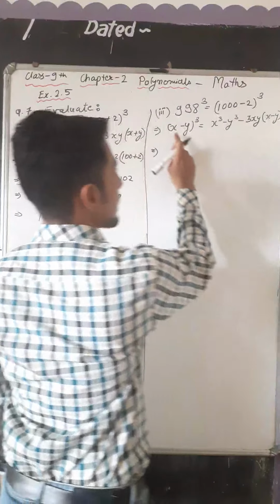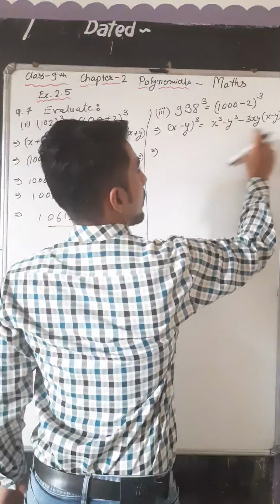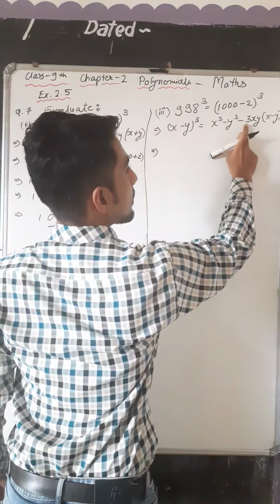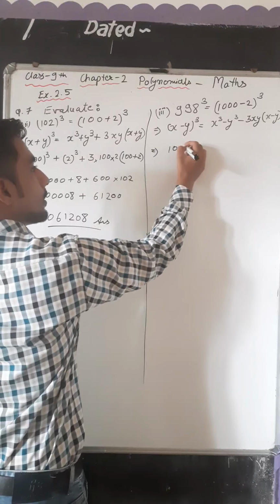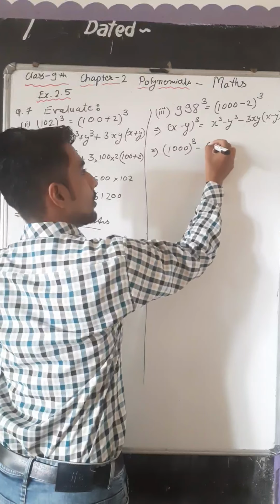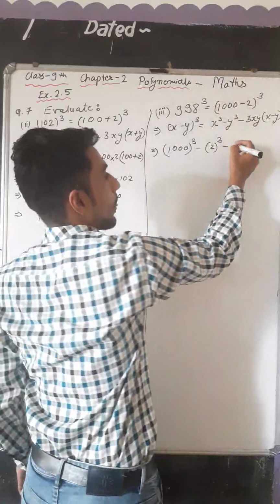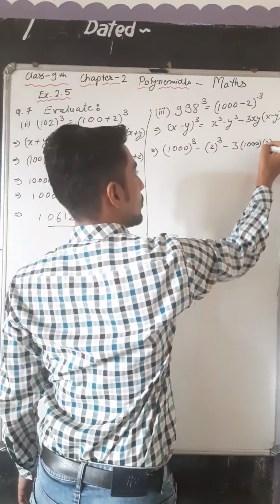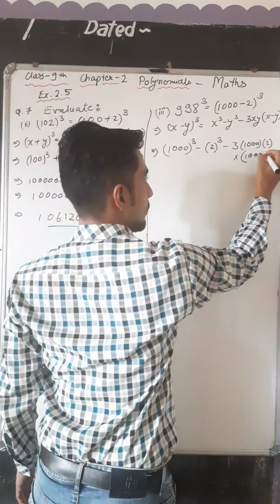Further, what is x here? 1000. What is y here? 2. Okay, check whether it is correct. Yes. Now put cube of 1000, then cube of 2, then 3 into 1000 into 2 and bracket 1000 minus 2.